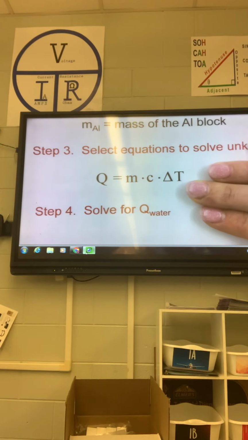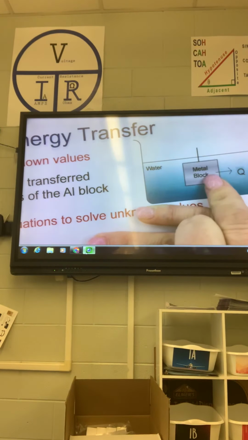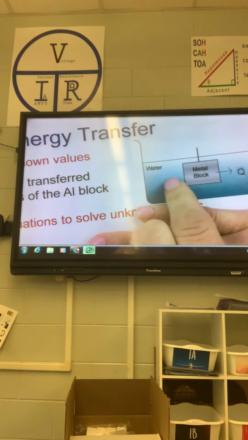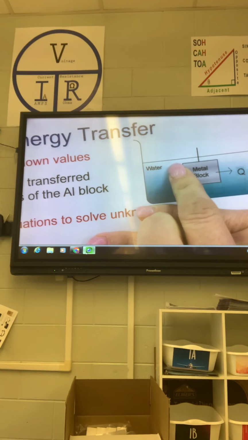And if you remember from Wednesday, when energy is transferred from one object to another, it means the energy is the same for both. So in this case, this aluminum block is going to get colder to get to equilibrium, and the water is going to get warmer to reach equilibrium.